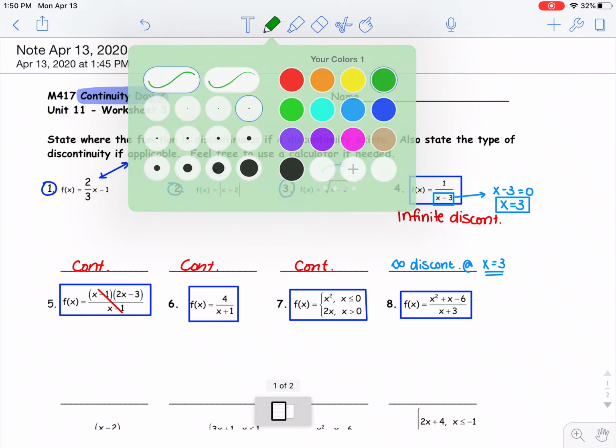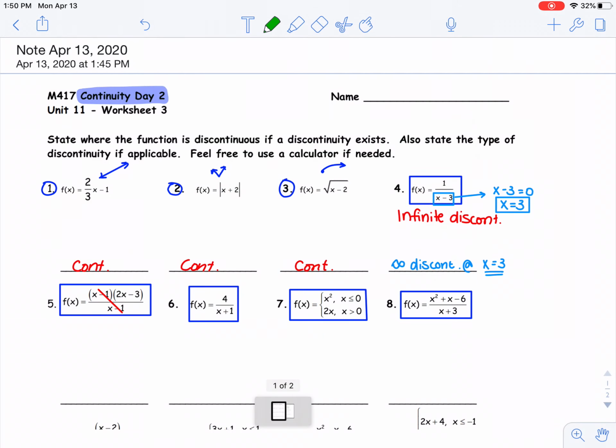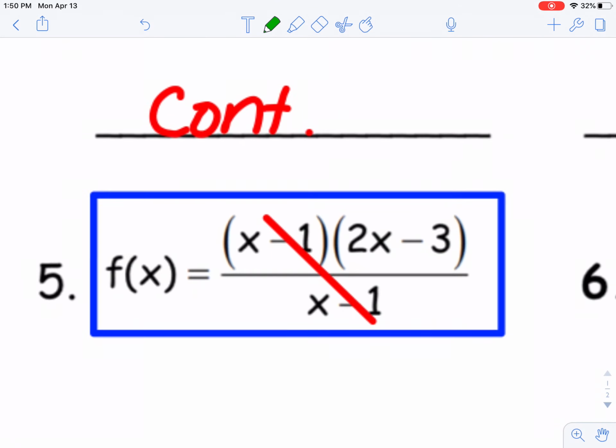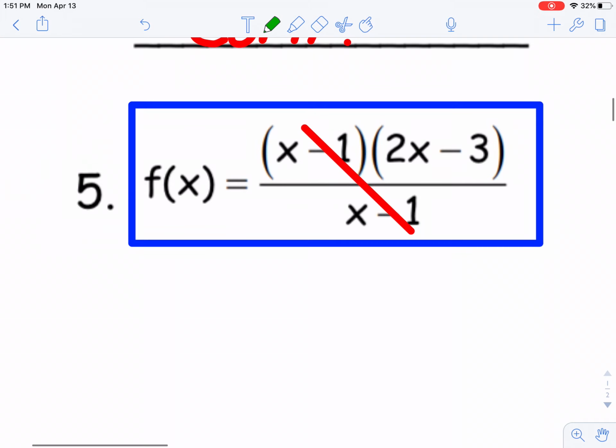Number 5 I already kind of started to talk about, and that is going to have a point discontinuity. Notice that something canceled, so there's a hole. There is nothing left over in the bottom. So this is called a point discontinuity. If there is something left over at the bottom, it actually is going to have more than one discontinuity.